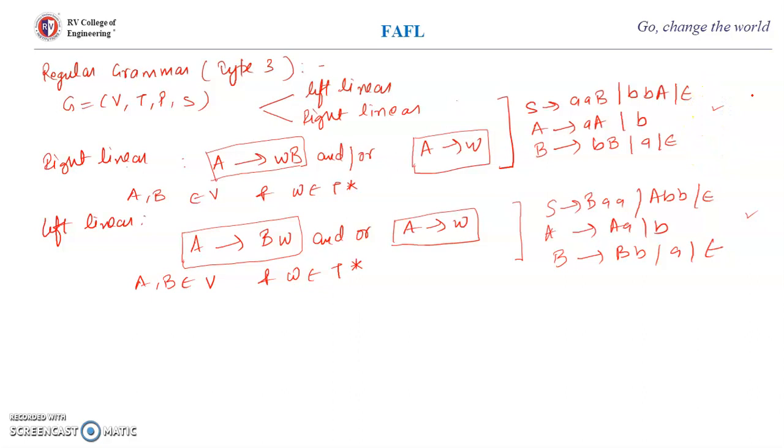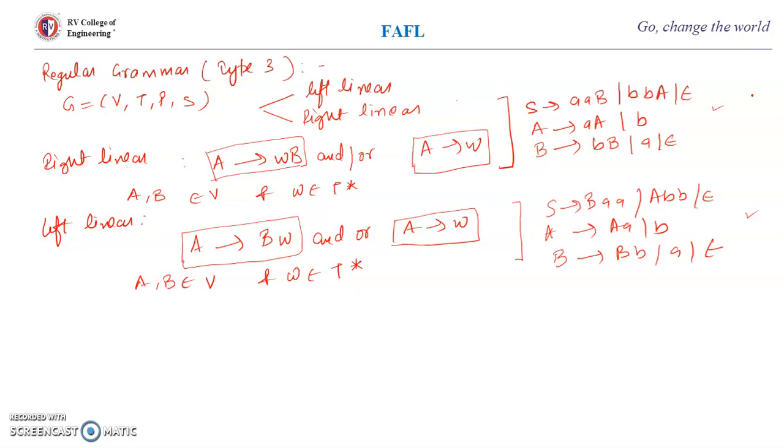So hope you have understood the concept of left linear and right linear grammar. One thing you have to remember: regular grammar is also called type 3 grammar, and a grammar is said to be regular if it is left linear or right linear.